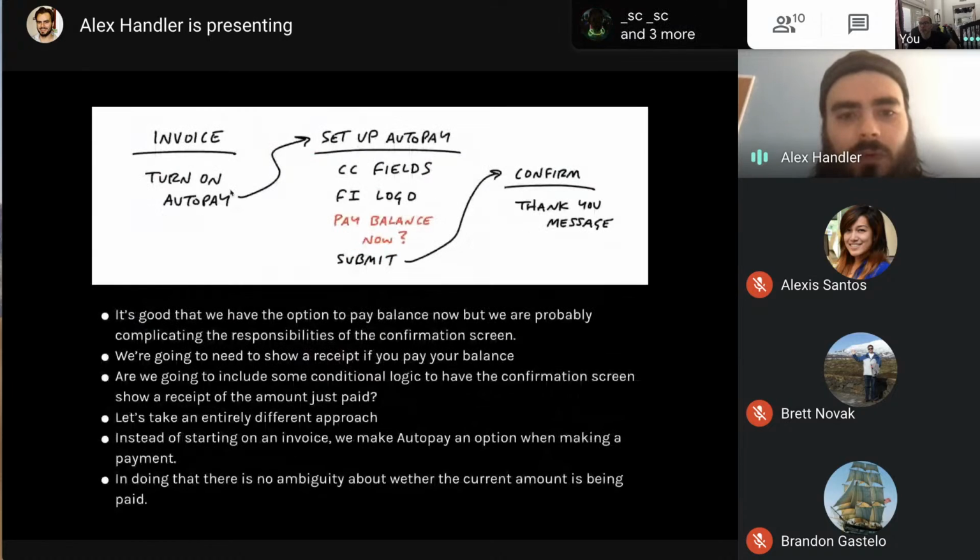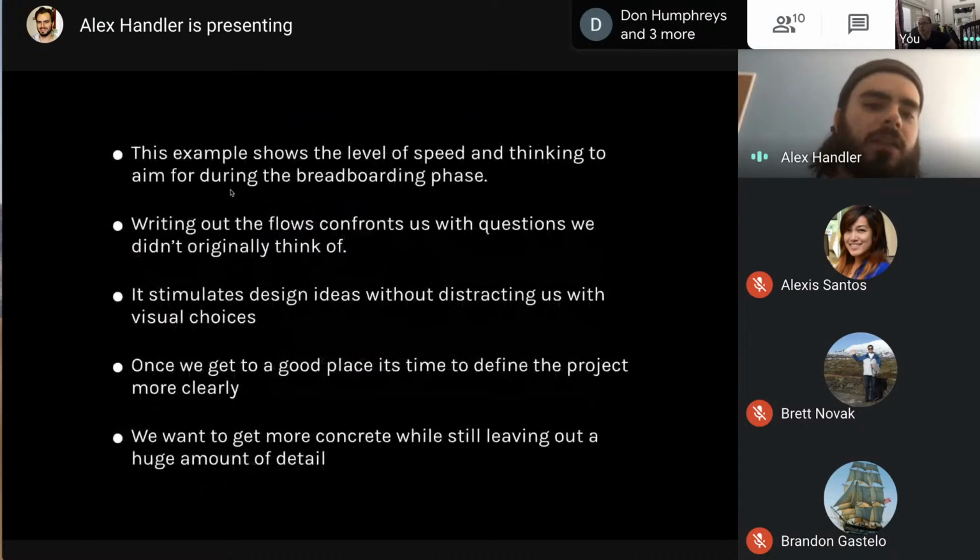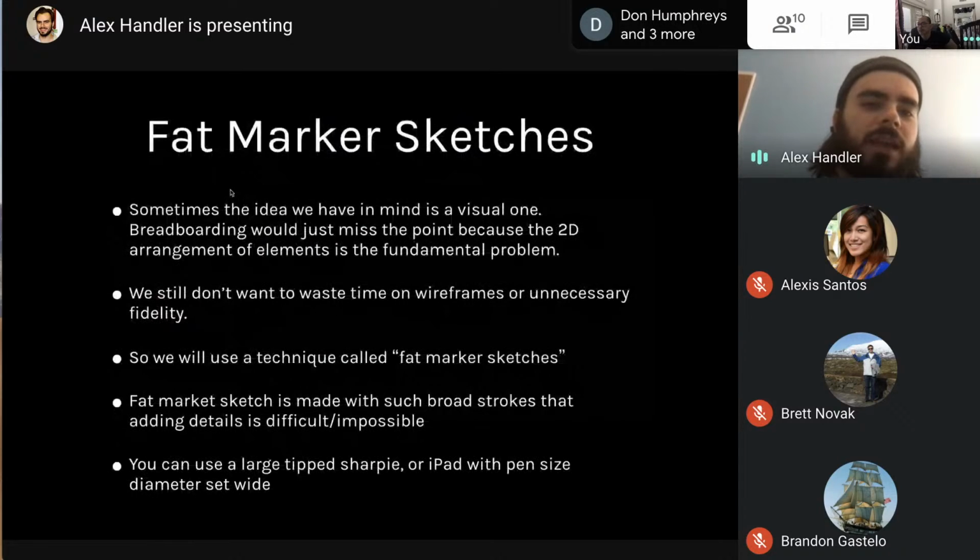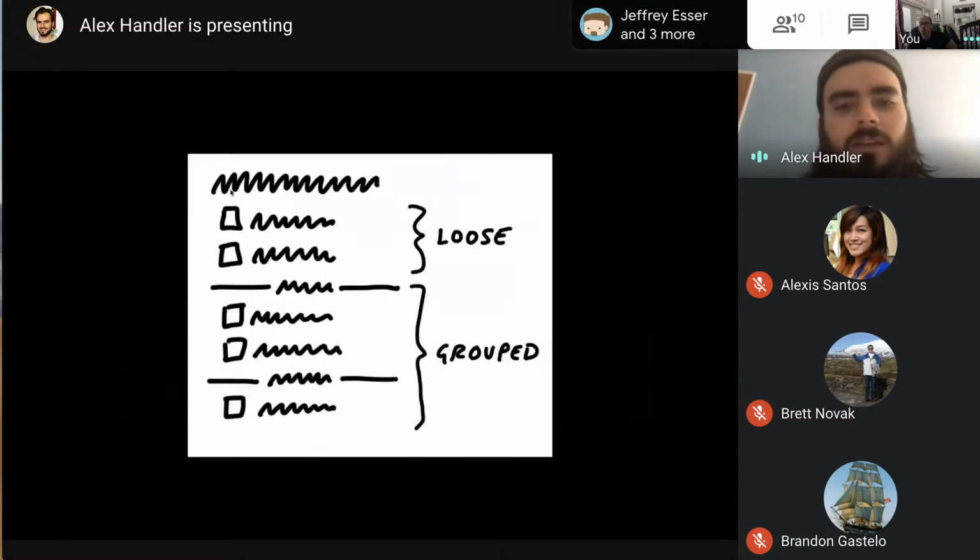I really liked the breadboarding, and I liked the examples that they went through on the breadboarding. I think I understand the fat marker sketches, but I wish it had a more detailed example, almost at the same level of detail that the breadboarding had, because I felt like wanting to know more.